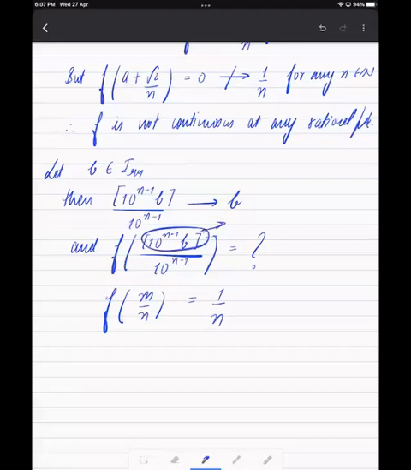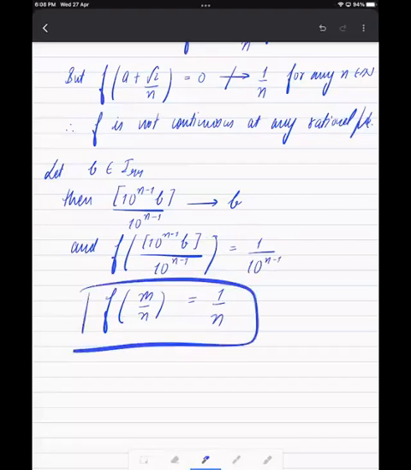The greatest integer function's range is always an integer, and this is a natural number. So this is basically of the form P by Q. This is a rational number. So the answer has to be 1 by 10 to the power n minus 1. This is the obvious guess, right?